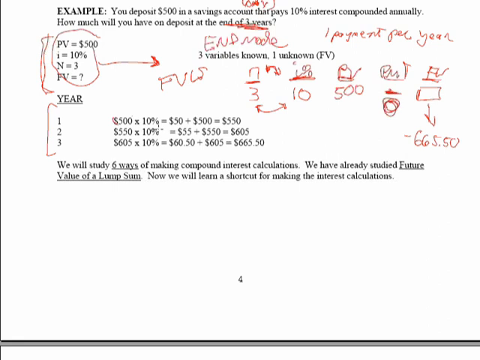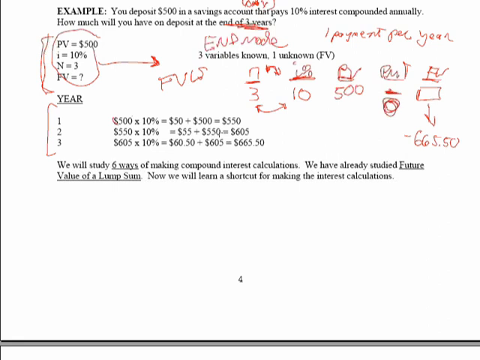The first year, we make a 10% return, or $50, and add that back to the principal. So at the end of the first year, we have $550. The second year, we're making 10% interest on $550, so that's $55, or $50 of interest and $5 of compound interest.